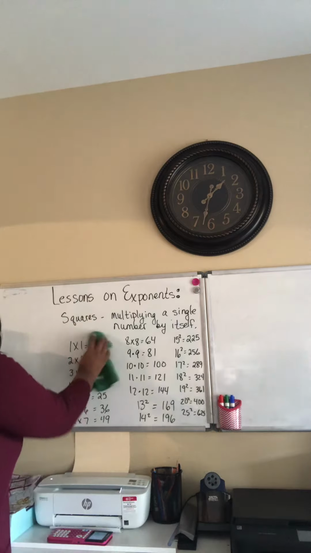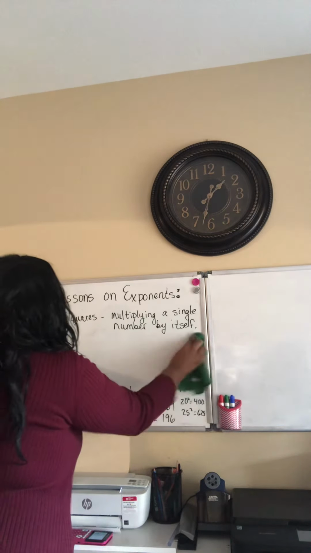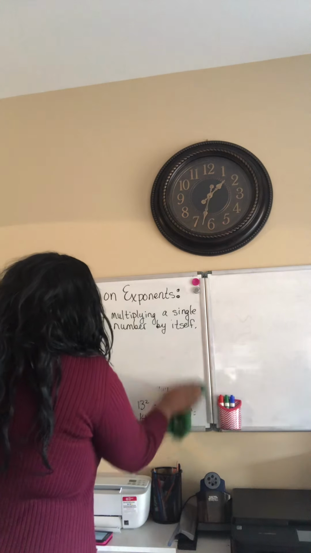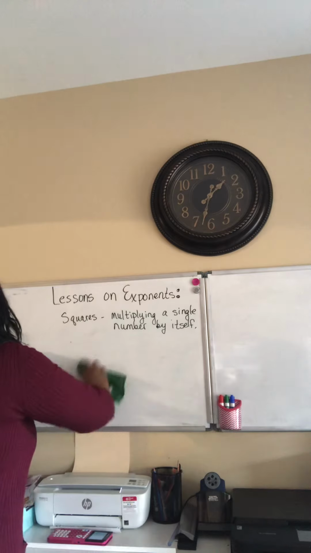All right, we're going to take a moment and look at this from the opposite extreme. We just learned that squares are multiplying a single number by itself.